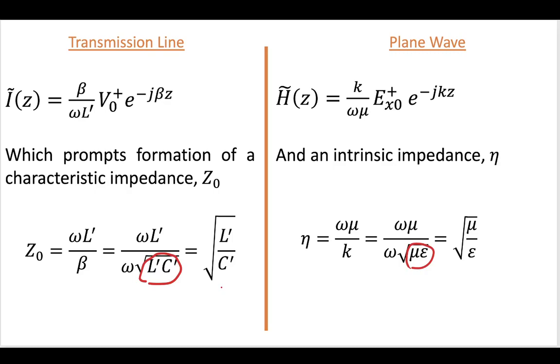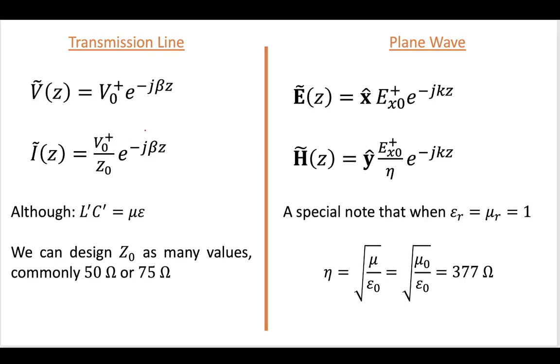Now, by doing this, we can rewrite our final equation for voltage and current. We can rewrite the current one as just a function of voltage, and we can rewrite the magnetic field one as just a function of this electric field coefficient, and they're related by the characteristic impedance and intrinsic impedance that we just defined.